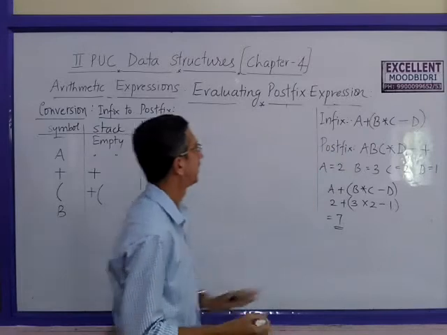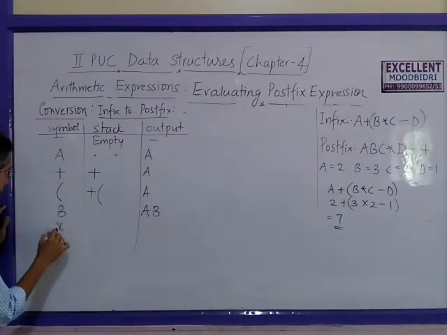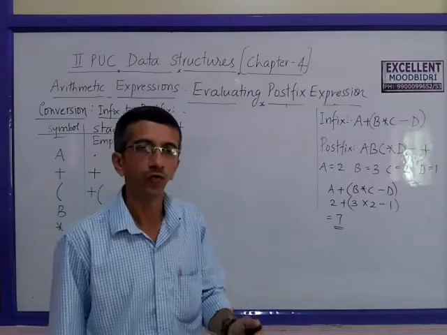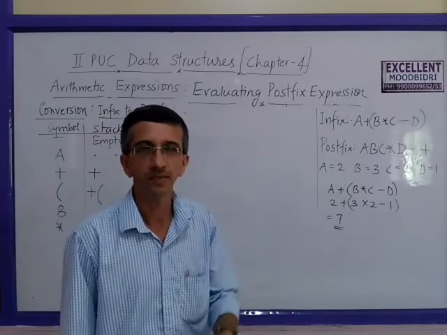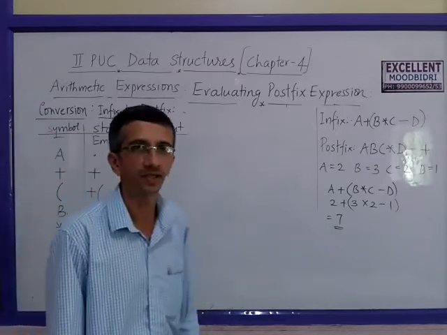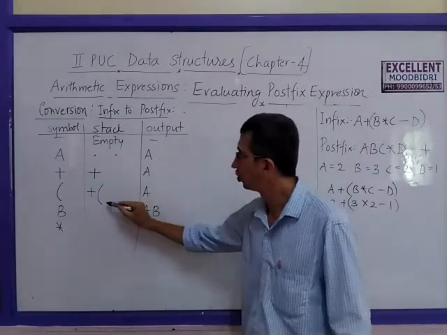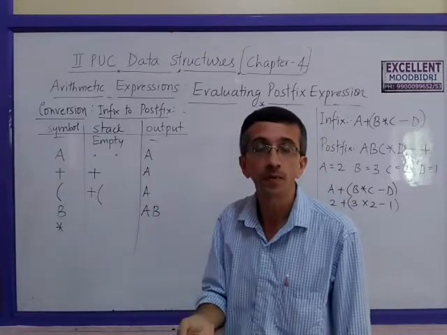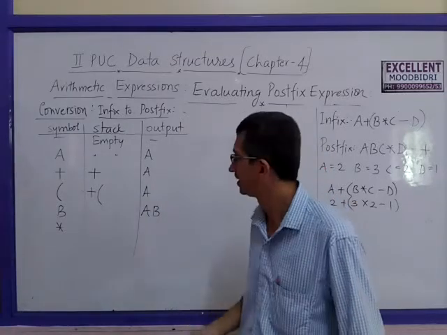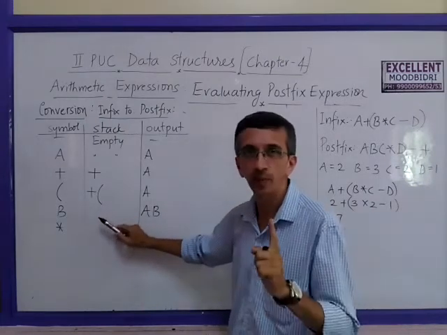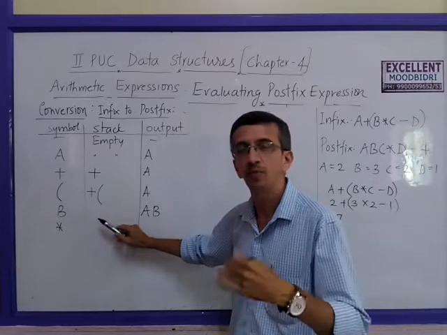Next one is star. Star is an operator, so again step 4 and substeps. 4a, if the stack is empty, no, the stack already contains 2 symbols. Next, 4b, if the top of the stack is an opening parenthesis, yes, the top of the stack is an opening parenthesis, then push onto the stack.